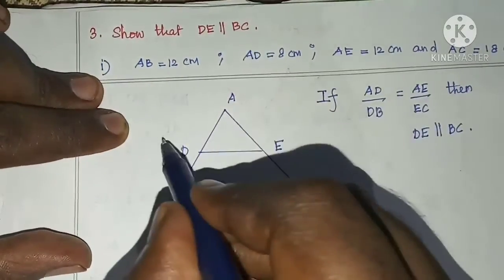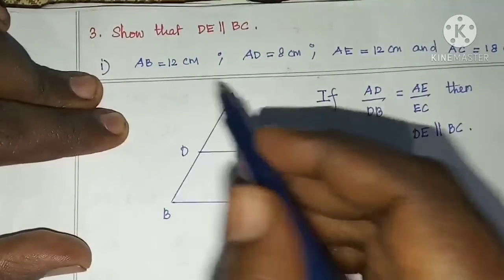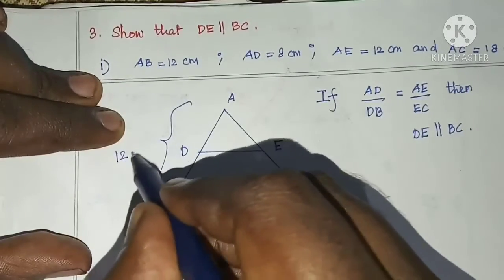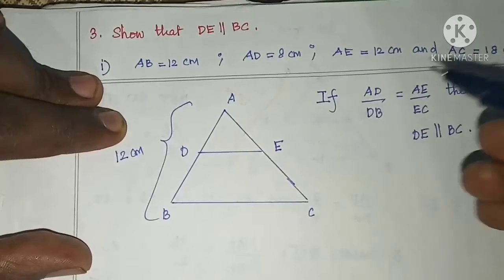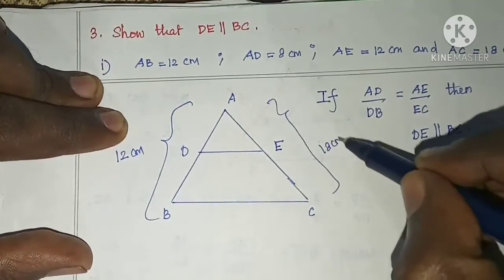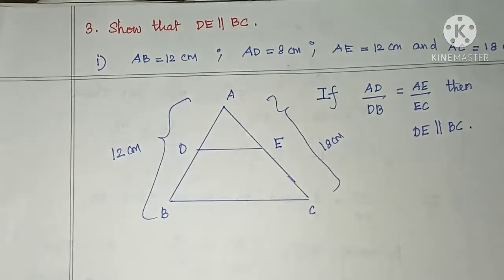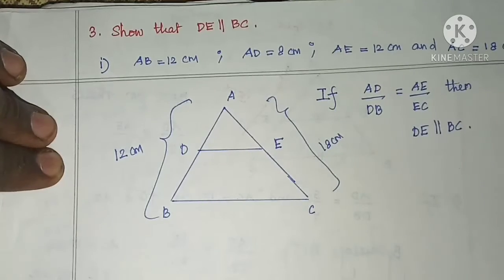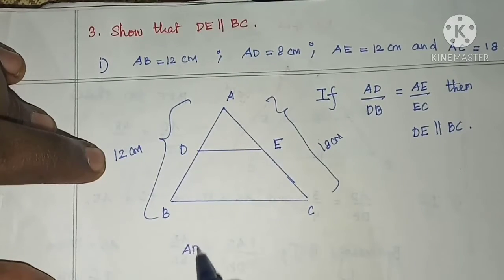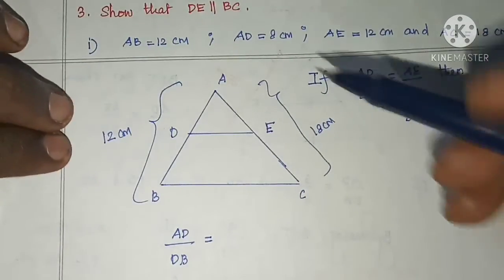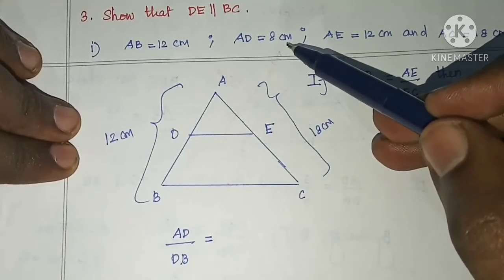Here AB is equal to 12 centimeter is given. The total length is equal to 12 centimeter and this AC is equal to 18 centimeter. Okay, so first AD by DB. So AD value is given, that is 8 centimeter.